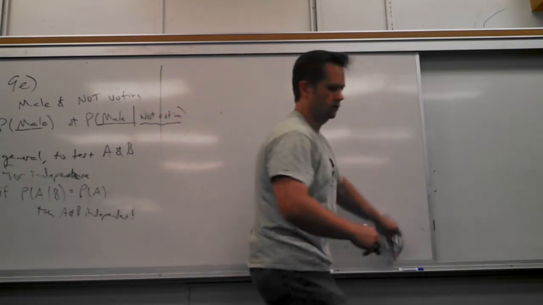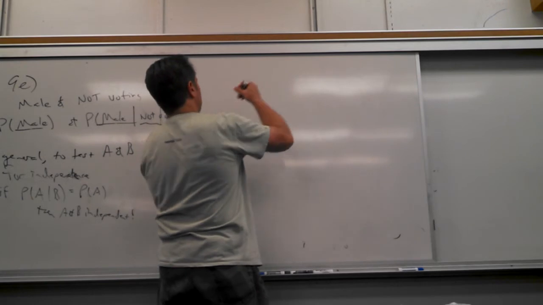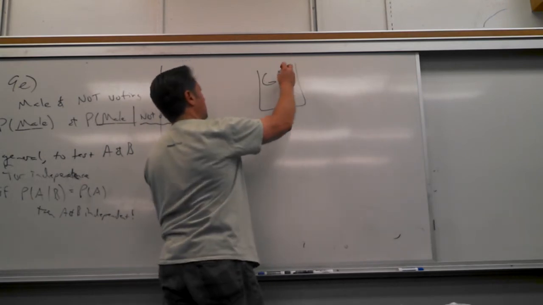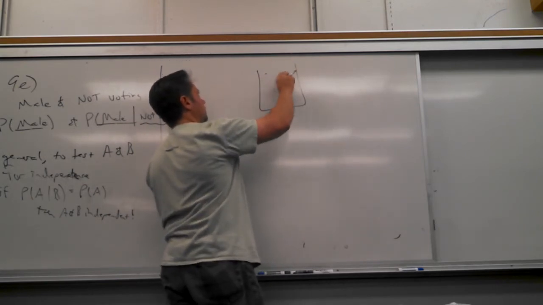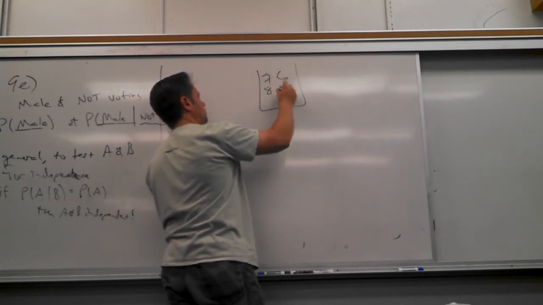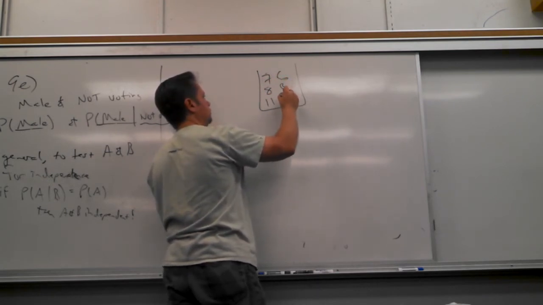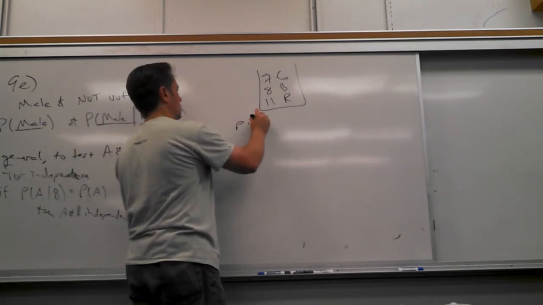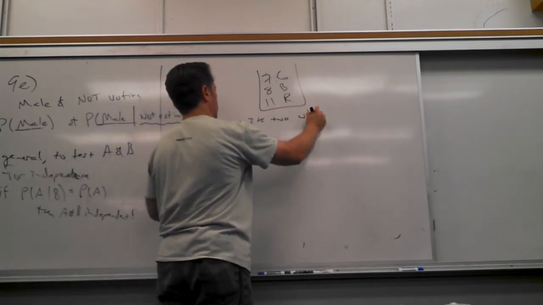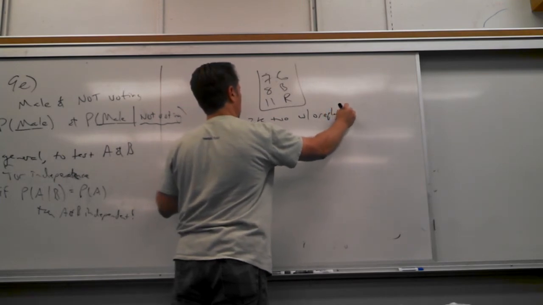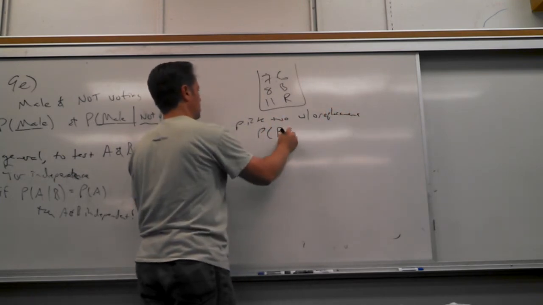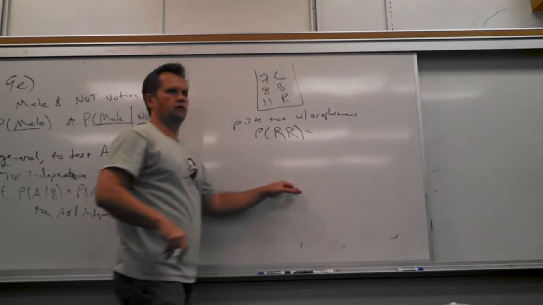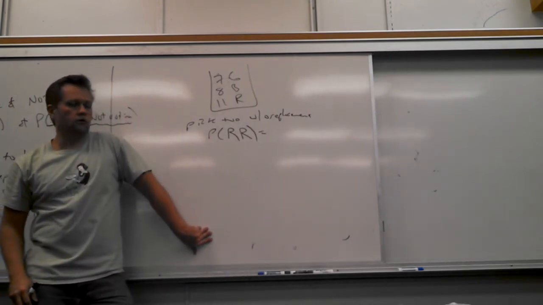Let's use my bag of poker chips again. Let's say there's 7 green, 8 blue, and 11 red poker chips, and I pick 2 without replacement. What's the probability of red, red?